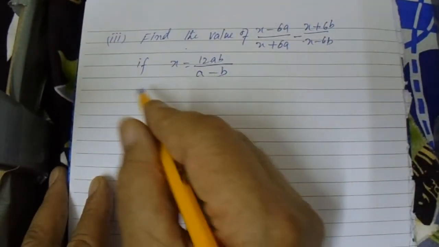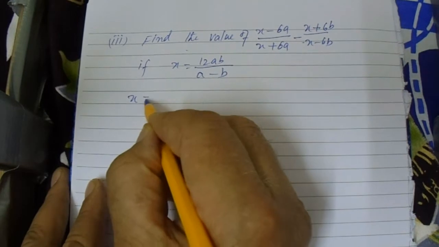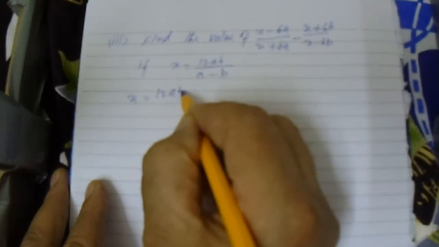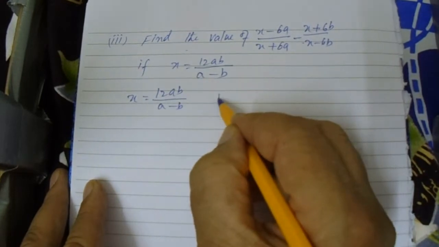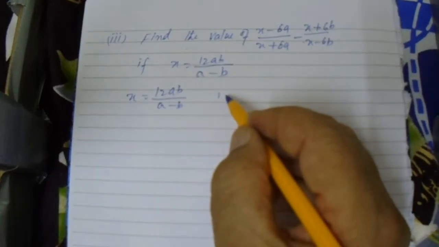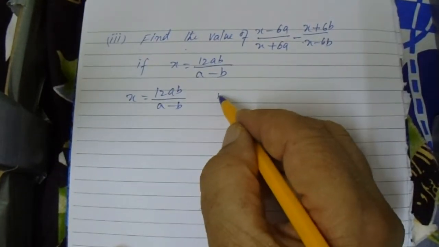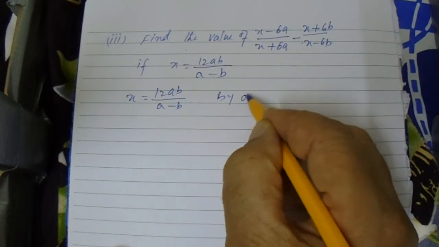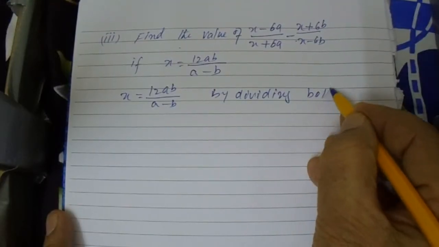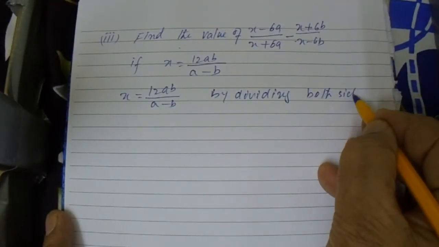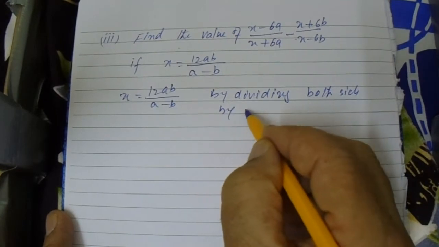Now again we write this: x is equal to 12ab over a minus b. Now here we will divide both sides by 6a.